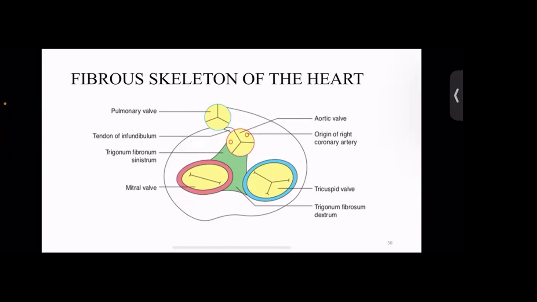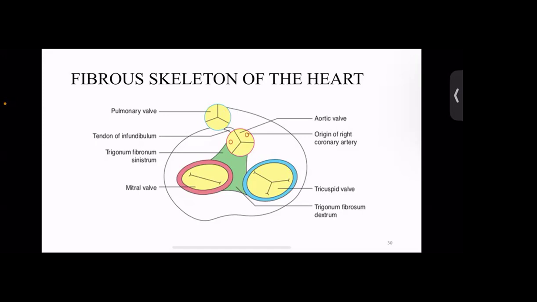It's basically made up of connective tissues that are around the valves. So we have the mitral valve, then the trigonum fibrosum dextrum, the tricuspid valve, the aortic valve, like we can see in the picture, and then the pulmonary valve. And then connecting the mitral valve and the aortic valve is the tendon of infundibulum and the trigonum fibrosum sinistrum.